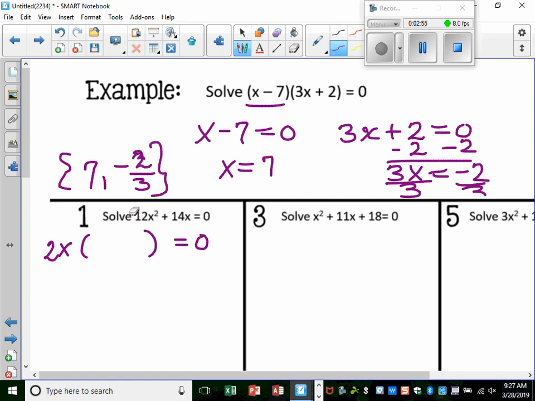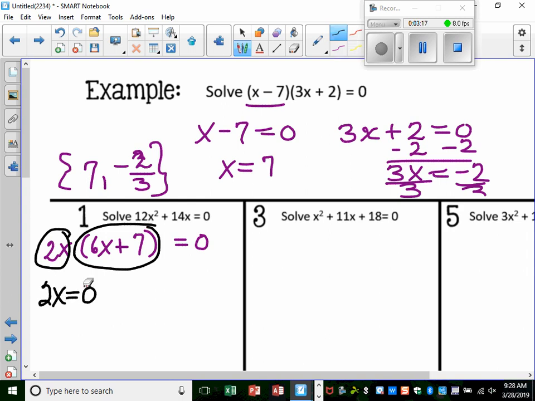When I divide 12x squared by 2x, I'm left with 6x plus 7. Keep in mind, this is a factor and this is a factor. Now we're going to set both factors equal to 0. It just happens that one factor is not a binomial, and that's fine. And we'll set the other factor equal to 0.